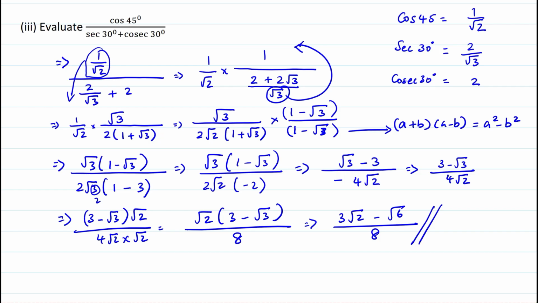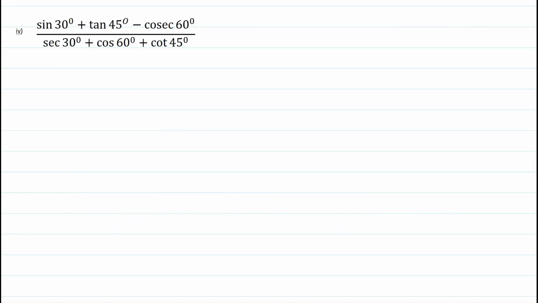Let's see the next question. Next question is sin 30 tan 45 minus cosecant 60 divided by secant 30 plus cos 60 plus cot 45. Okay. Fourth question or fourth subdivision.